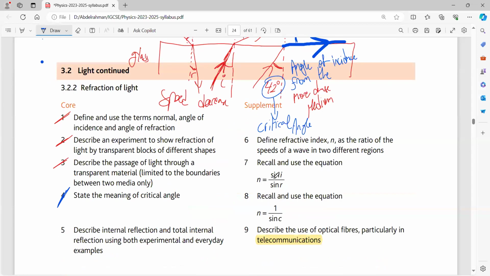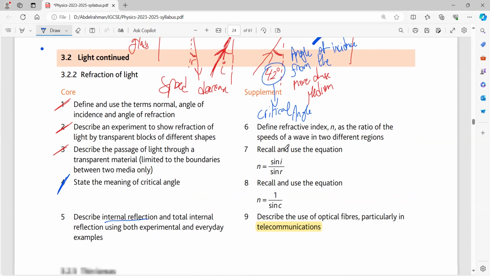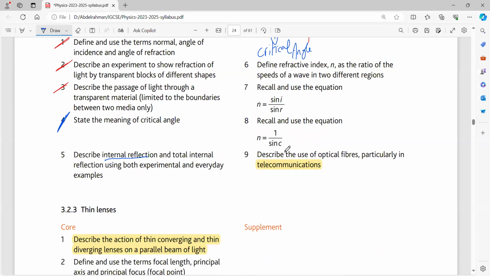Why is it critical? Because if the angle of incidence now increases above 42, what will happen? Total internal reflection.